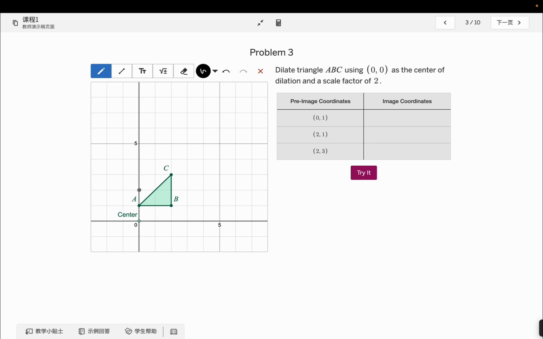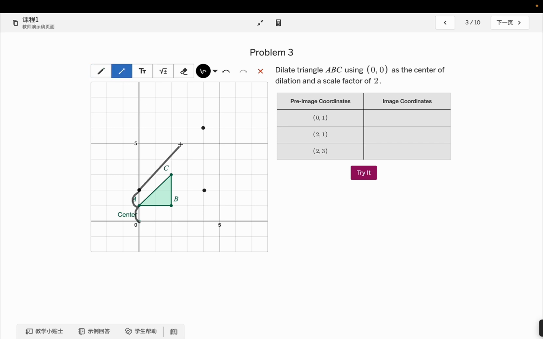This point will be A prime because this is 1, then 2. And this point will be B prime because B is 2 units right and 1 unit up, so it will be 4 units right and 2 units up. And for C, it's 2 units right and 3 units up, so it will be this point.